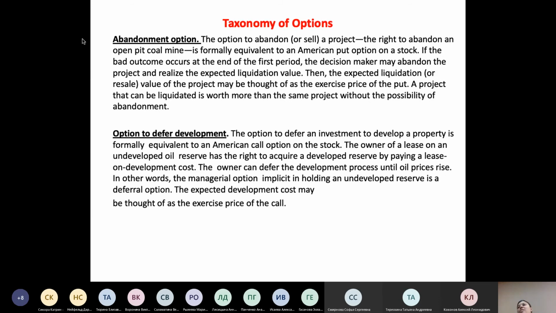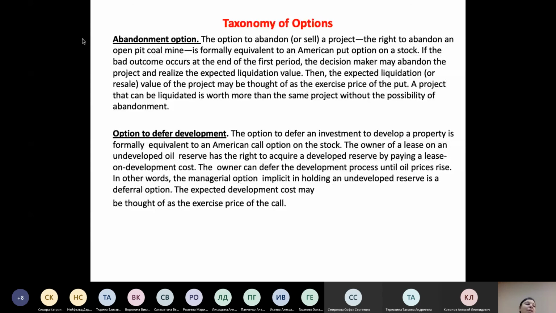In other words, you have signed contracts to abandon the technologies, the equipment and the resources of your project, your fixed assets, your equipment, your land, and so on. And a project that can be liquidated is worth more than the same project without the possibility of abandonment.